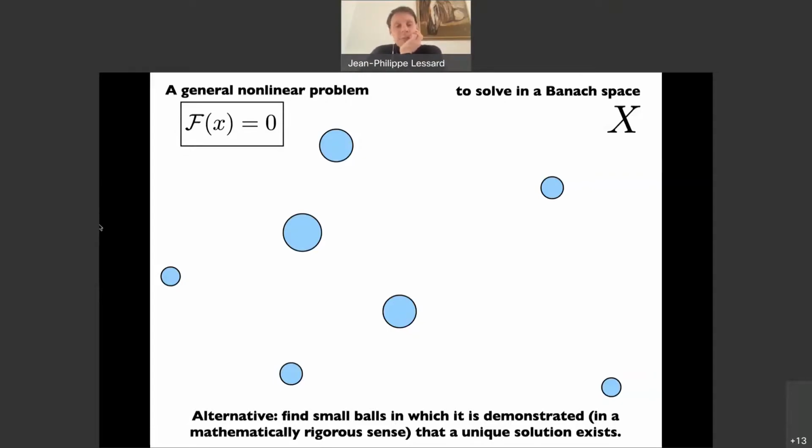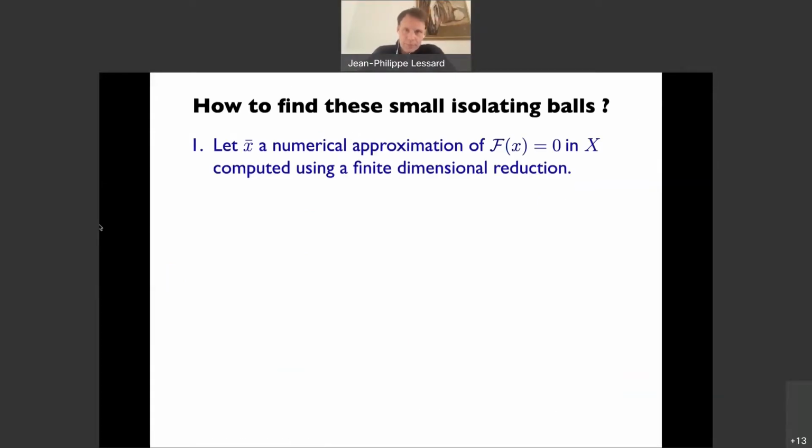So how do we get these small little isolating balls? Okay, so what we have is an infinite dimensional map. So again, for Navier-Stokes, we will have infinitely many equations to solve and infinitely many Fourier coefficients.